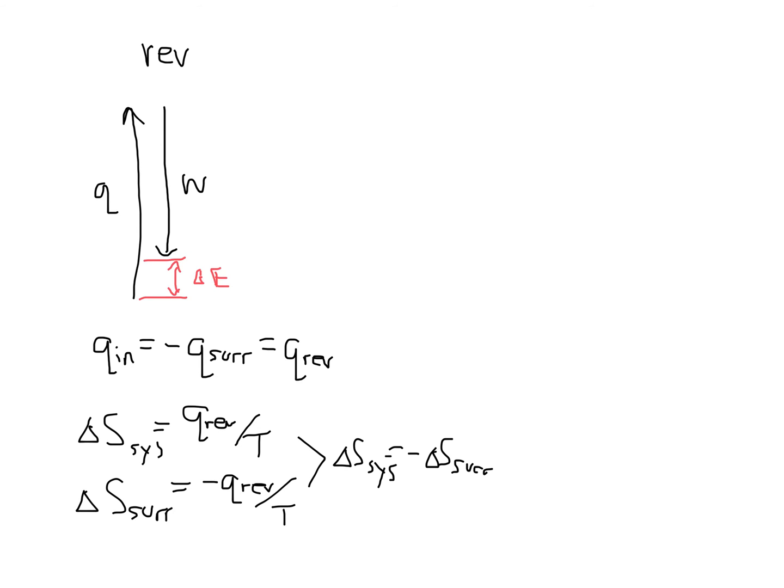But what happens if I do this process irreversibly? Because energy is a state function, I know that the total change in energy must remain the same. However, we know that when we do work on the surroundings, the maximum amount of work we can do is when we do it reversibly. And so the amount of energy that I transfer to the surroundings as work in the irreversible case has to be less than in the reversible case.